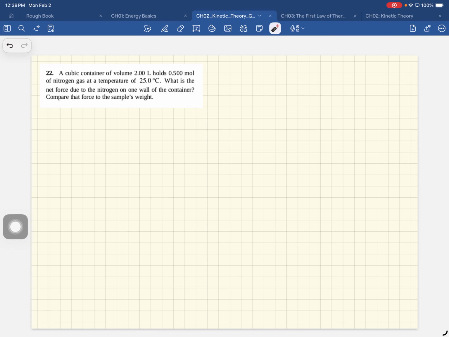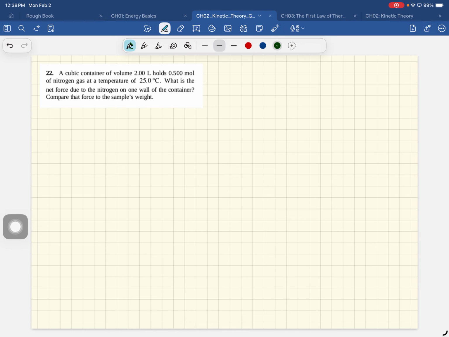All right, so this problem says a cubic container of volume 2 liters holds 0.5 moles of nitrogen gas at 25 degrees Celsius. What is the net force due to the nitrogen on one wall of the container? Compare the force to the sample's weight.